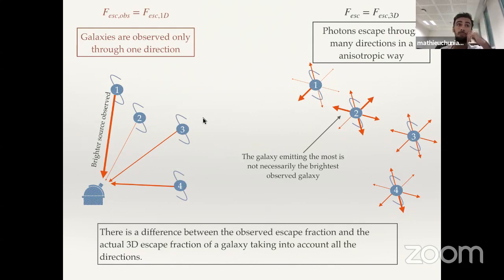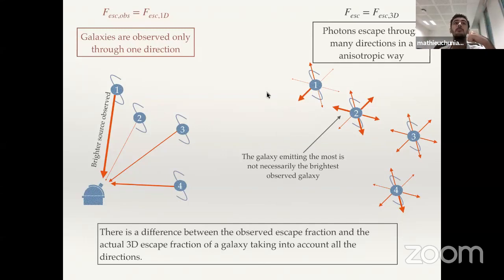But once you know that your photons escape in an anisotropic way, you can wonder what an observer will observe. Because it's easy to understand that if you look at a group of galaxies through one direction, the brightest source you observe may not be the actual brightest source if you take into account all the directions.